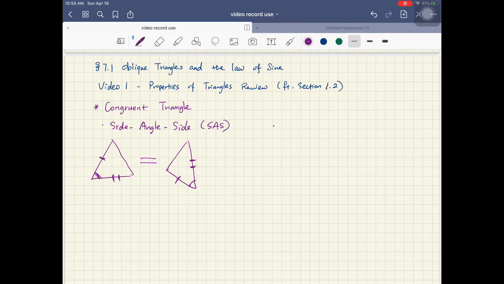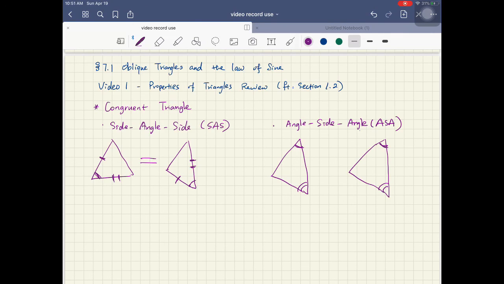The second method is called angle side angle, or ASA. If I have two triangles, and I know two angles have the same values, for example the two on the top and the two on the bottom have the same measurements respectively, then remember the name says angle side angle.